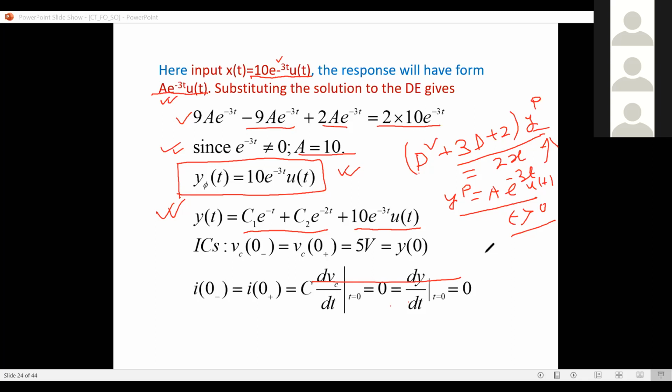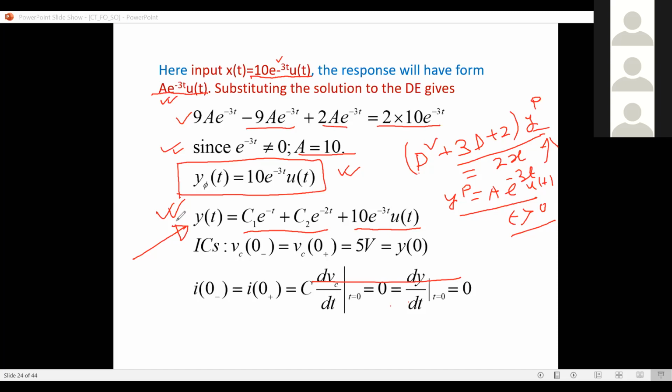Then if you want to apply the initial values to your Y_T, how many initial values will be needed? Two. Then where will these two initial values come from? One will come from your capacitor, another from the inductor.